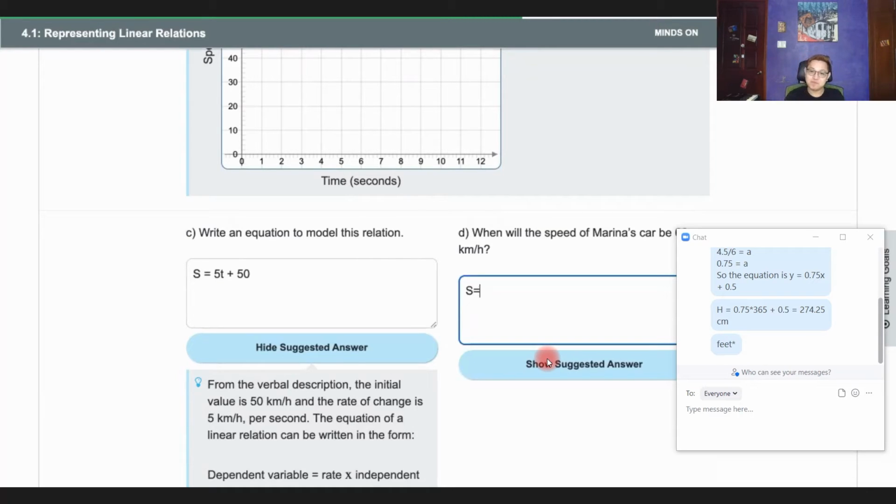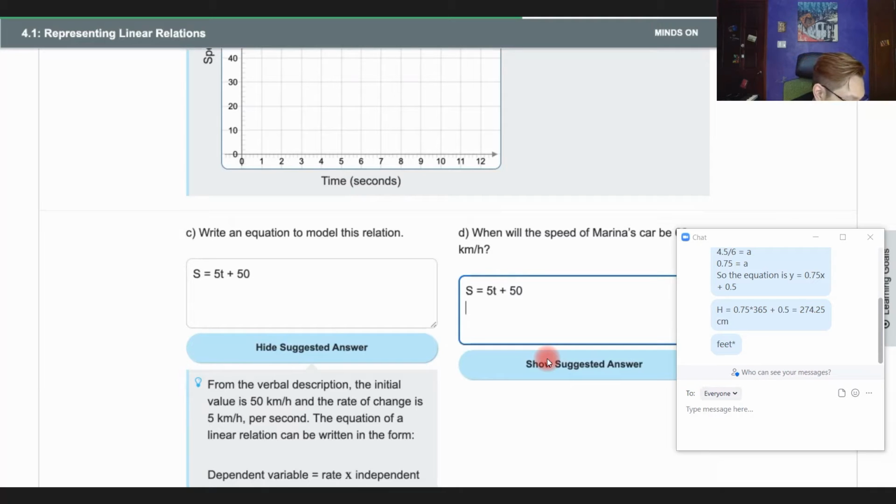So equal 5t plus 50. So plug in the speed they want. No, wrong. They give you the speed, so you have to plug in the s, not the t.